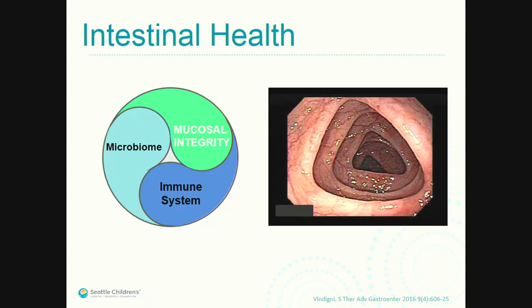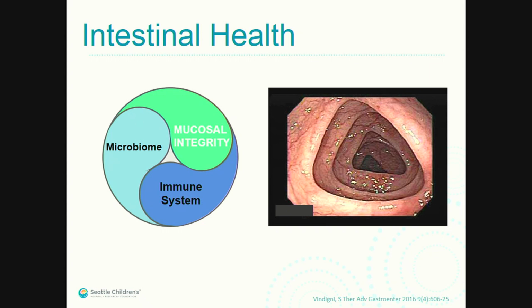So before we talk about disease, we have to really understand health. When we talk about the intestines and we talk about health, we're really, again, looking at those three main components. We're looking at the microbiome, the bacteria within us, the mucosa, that barrier system that keeps out the vast majority of the microbiome, and the immune system, our body's defenses.